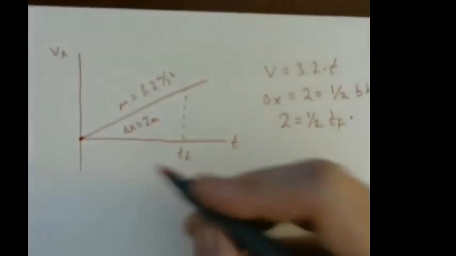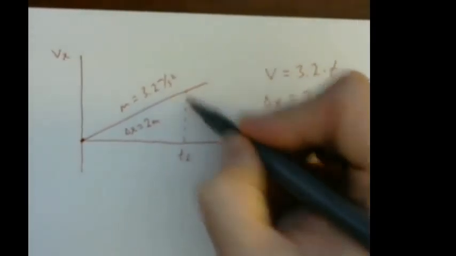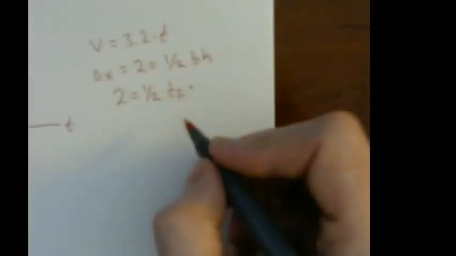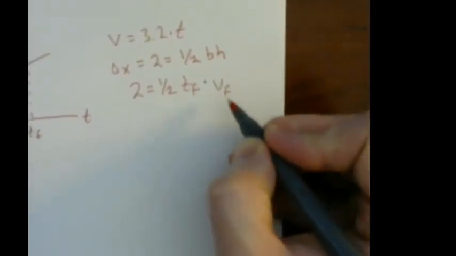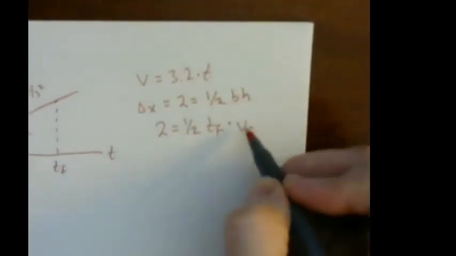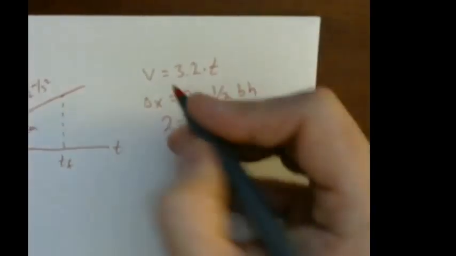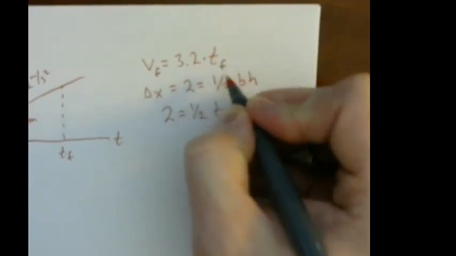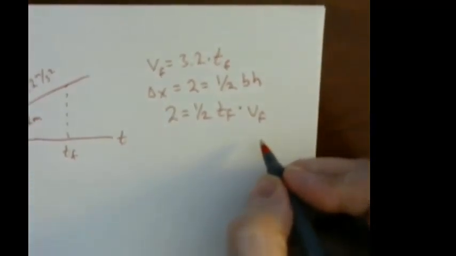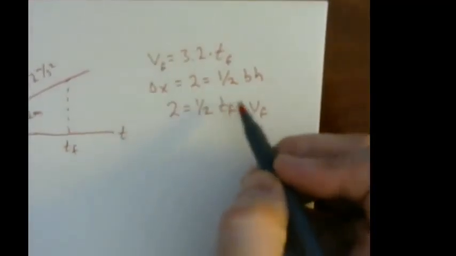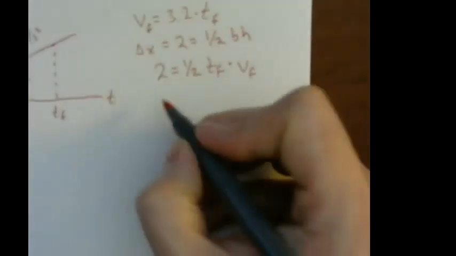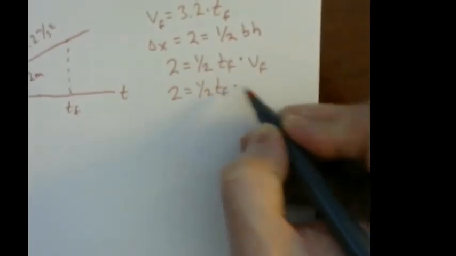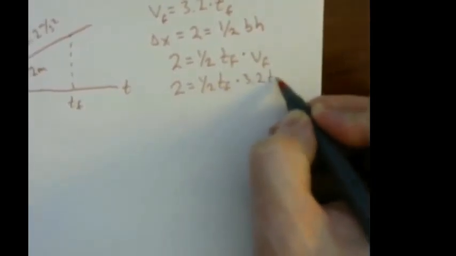The height of my triangle is the velocity at TF, which we call VF. Any velocity we want is given to us by this relationship. So VF, the velocity at TF, is simply 3.2 times TF. Substitute this in for VF: 1/2 TF times 3.2 TF.